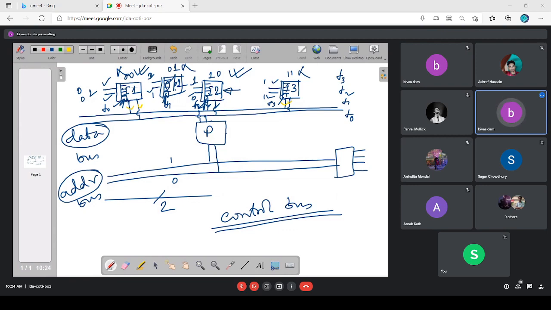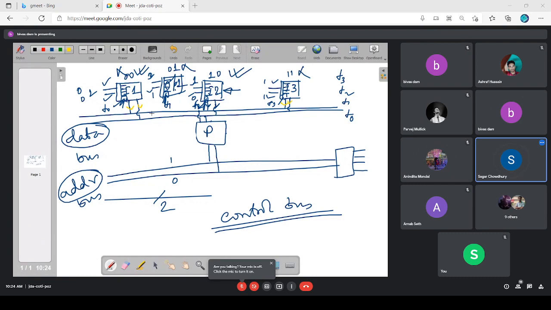They are not enabled. Is I1 enabled? No, sir. Is I3 enabled? No, sir. So what will their output be? Don't care. Don't care means that it may be 0, it may be 1.